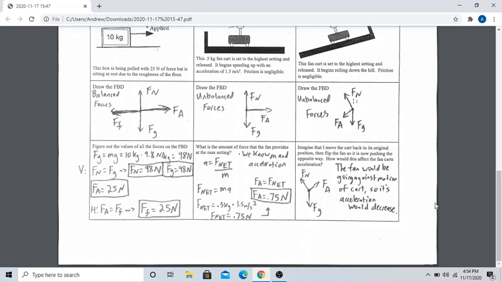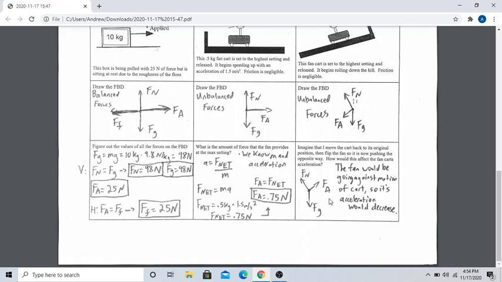Instead of the fan pushing it down, causing it to speed up faster than it normally would, it's going to cause it to accelerate at a slower rate, or if it's strong enough, it could even start going up the ramp. In either case, the acceleration is going to change. We're going to say the acceleration is going to decrease or might entirely switch directions.